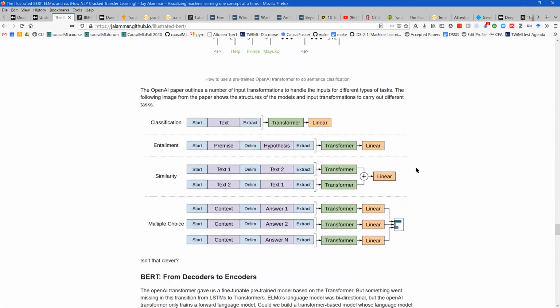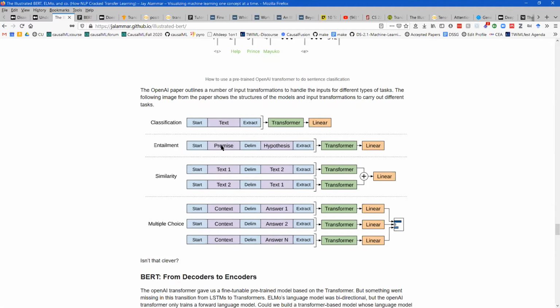And I guess they tried this with, as Gautam said, many different kinds of tasks. So first is a classification task, and that would be the spam or no spam. That would be an example of a classification task. Entailment, I guess, is this idea of whether a sentence follows another. Well, it's more complicated than that.